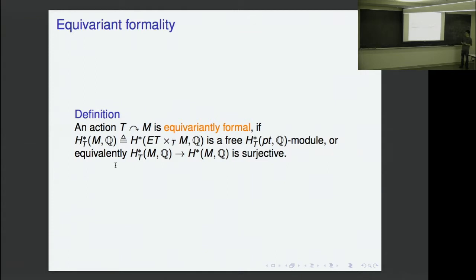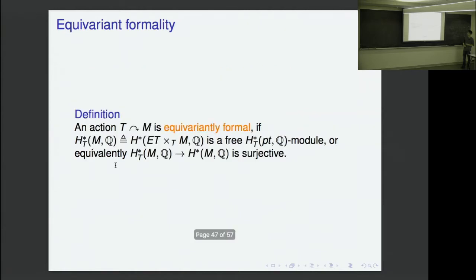And by equivariantly formal, we mean an action in such a way that the equivariant cohomology defined using this Borel model is going to be a free polynomial module. And equivalently, this means that the natural map from the equivariant cohomology to the ordinary cohomology is surjective. And we will be interested in this equivariantly formal action mostly.